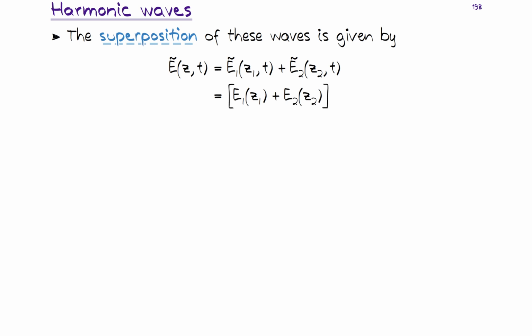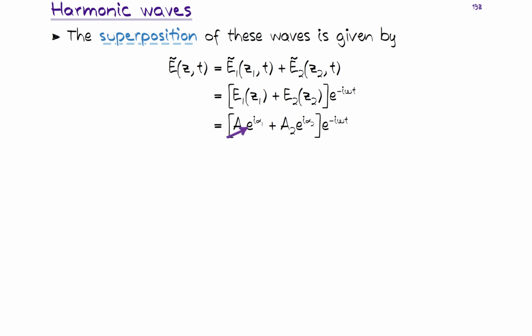I can first take the time dependence to be a common term, so the exponent i omega t can be taken out, and then I insert what kind of fields I had. So this was the more general way of describing things, or an easier way of describing things. And now I'm taking, for example, this exponent i alpha as a common term so that I can more easily calculate a phase difference.